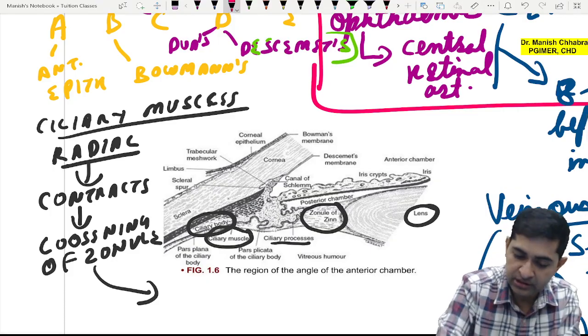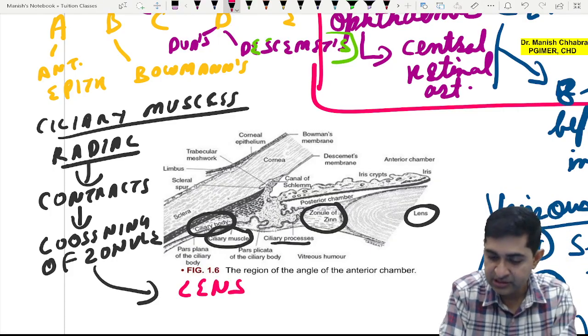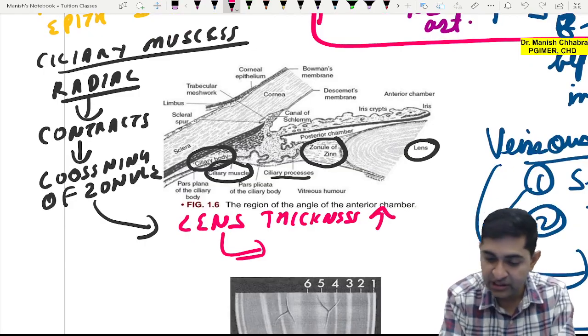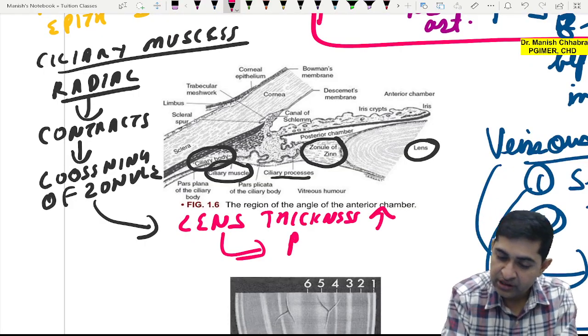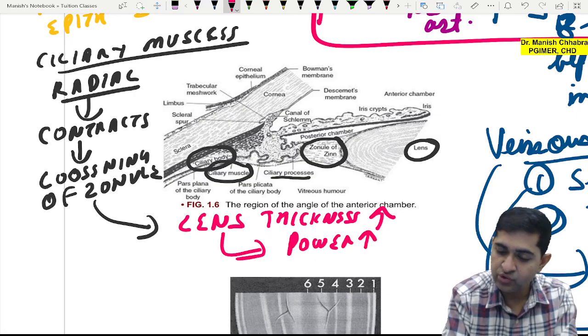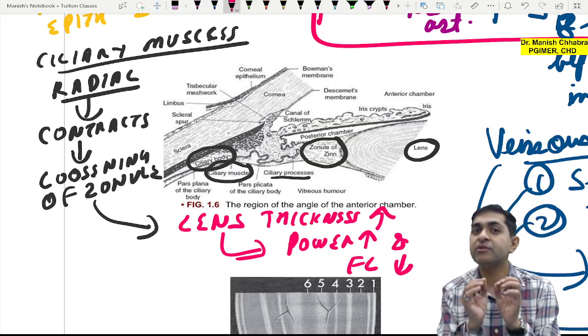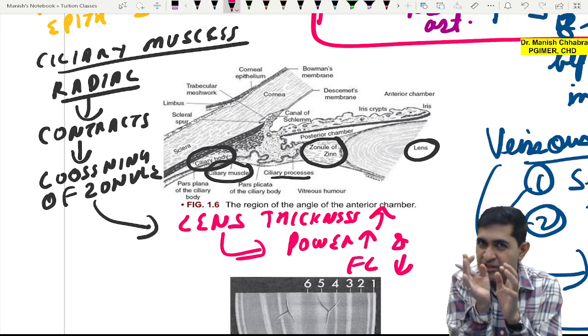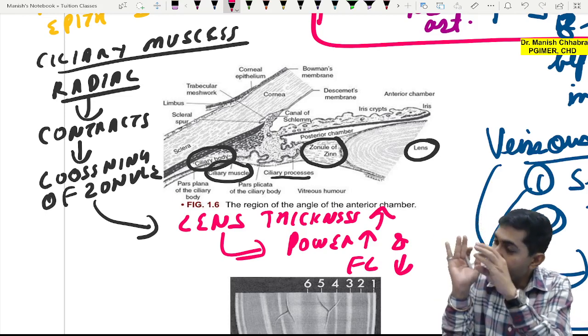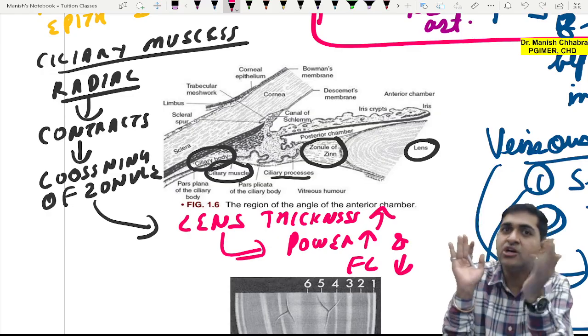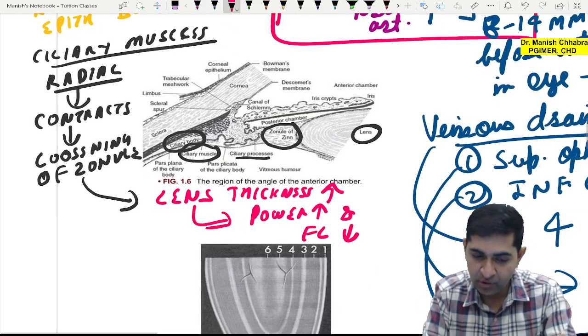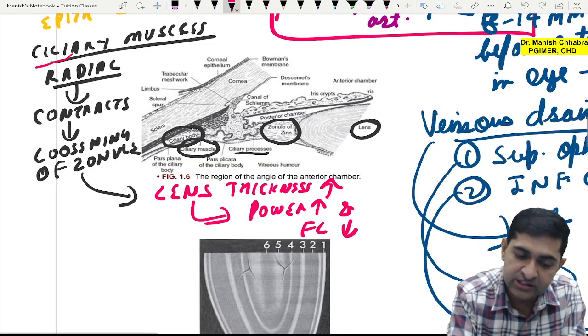As a result, the lens thickness is increased, the power will also increase and focal length will decrease. So the patient will become myopic, because if there is a decrease in the focal length, the image will be projected in front of the retina instead of on the retina. So this is the function of your ciliary muscles.